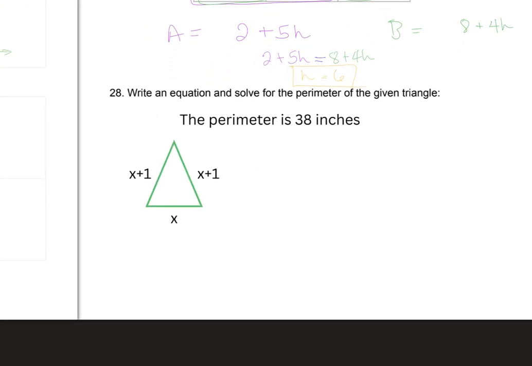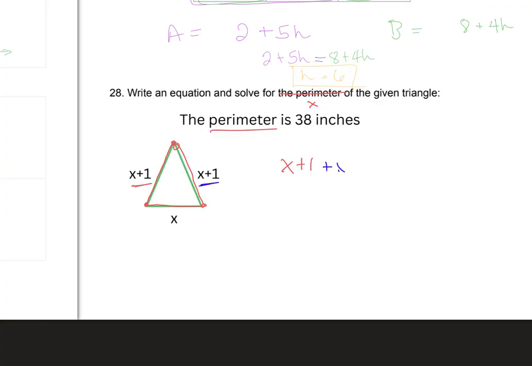Write an equation and solve for the perimeter of the given triangle. I changed it to solve for x of the given triangle because, I mean, there's the perimeter, right? Anyway, so perimeter is just, you start and you take that side and you're going to add it to this side and you're going to add it to that side. So it's x plus 1, that's that one.